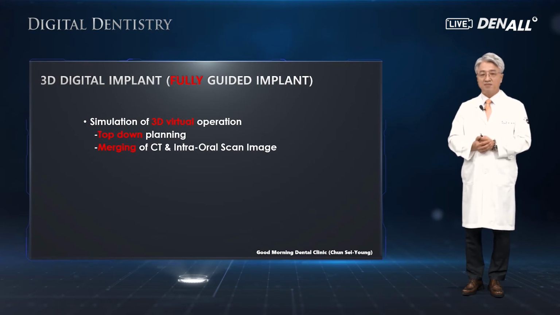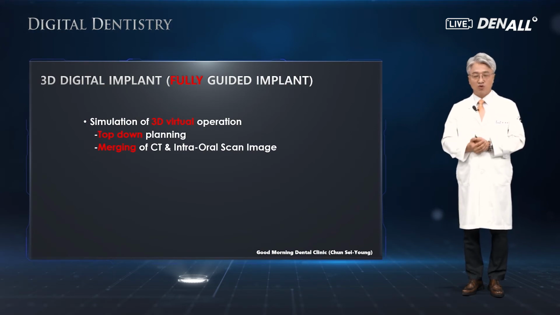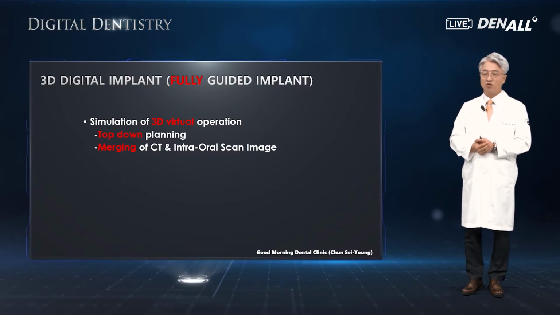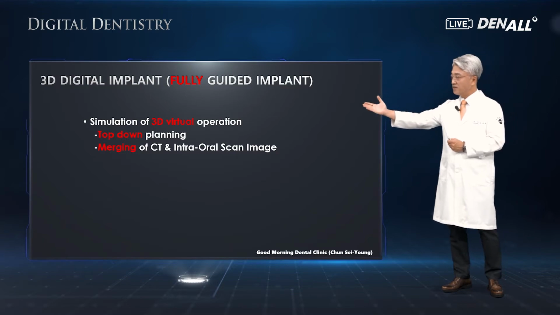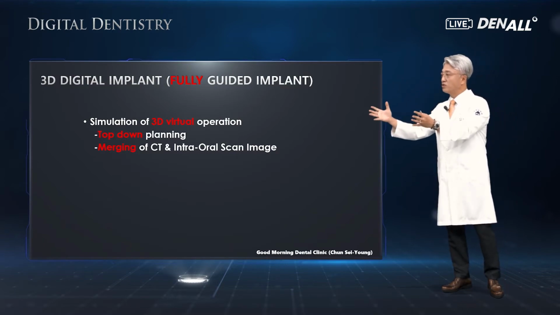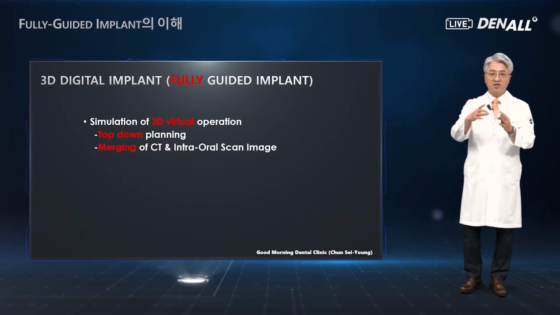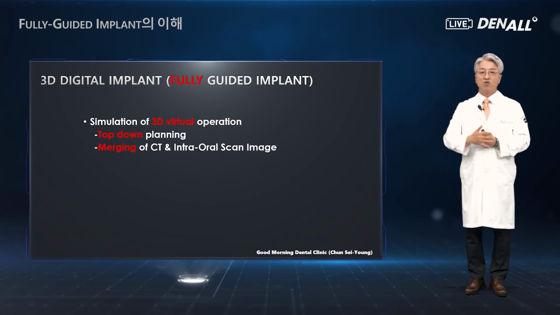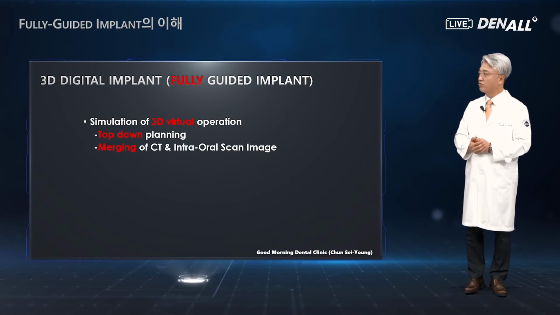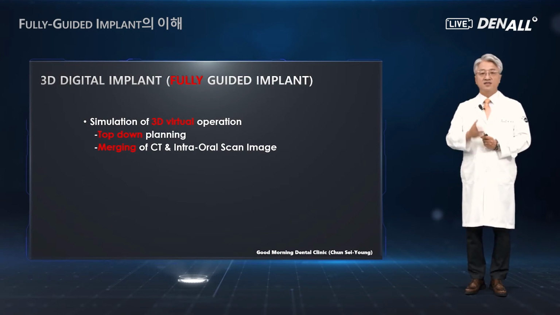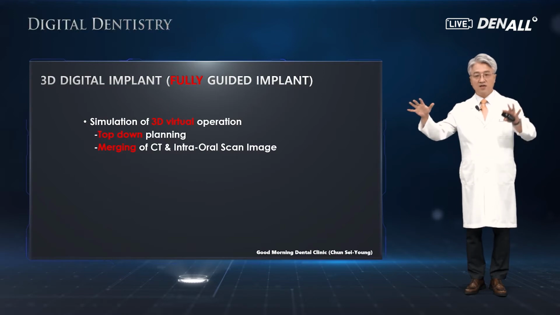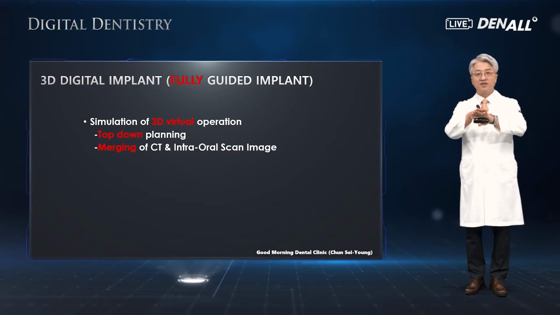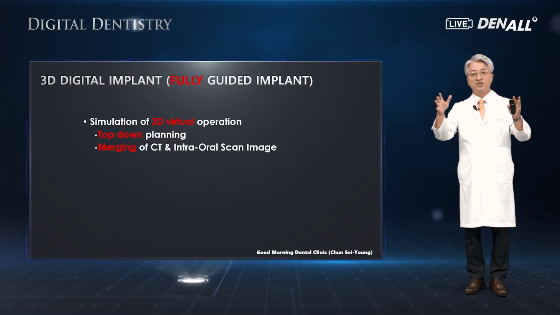So I said before, a fixture placement is considered very important, but we use the top-down approach in the work sequence, so crown is determined first, and it is designed first before we determine the optimal fixture positions by considering bone, gingiva, and other structures. As I said before, CT, intraoral scans are accurately merged.